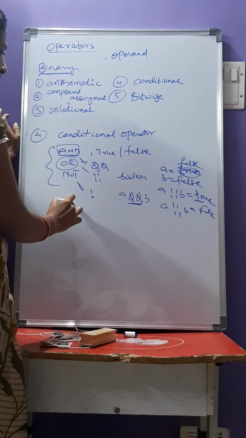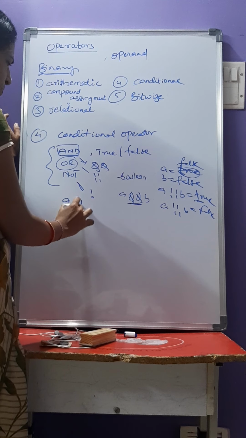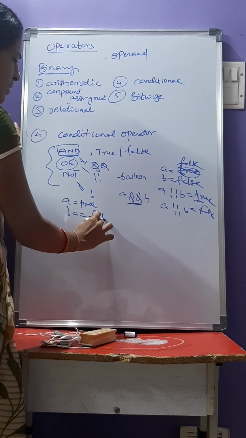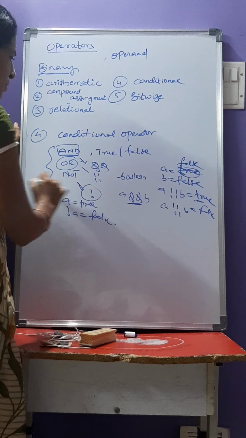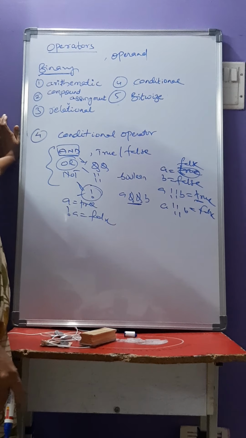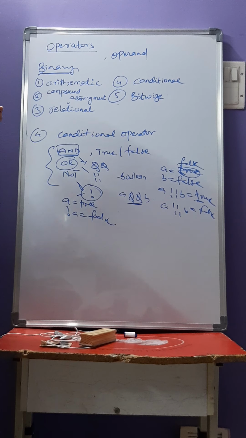Coming to NOT, if the operand value is true, applying it to A gives false. This is a unary operator, meaning we apply it on only one operand. So these are the different conditional operators.